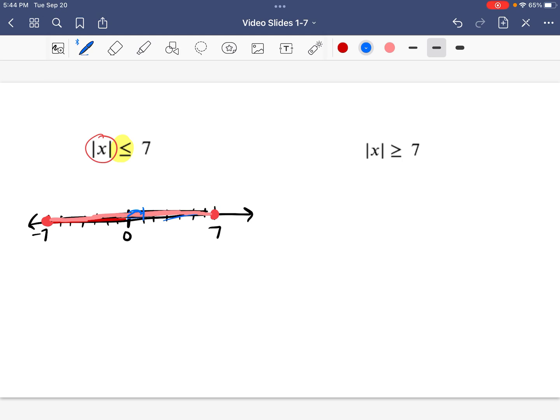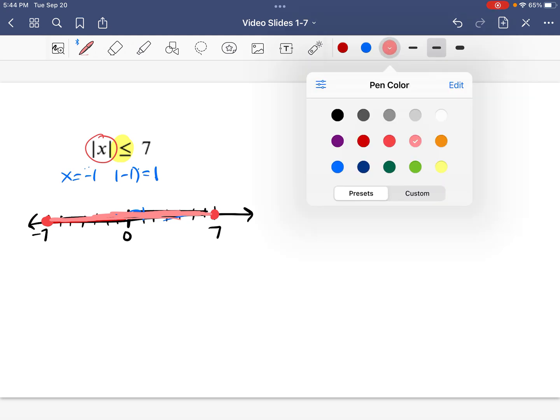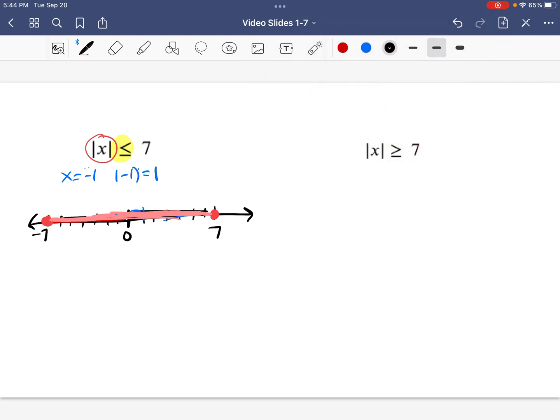What about -1? If x equals -1, the absolute value of -1 equals 1. Is 1 less than 7? Yes. So any number I choose between these two points will give me a solution to this inequality. This is my solution set right here.